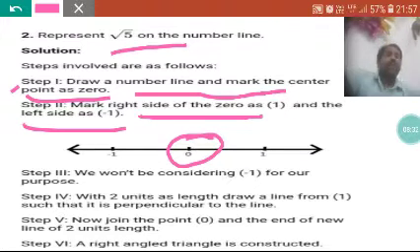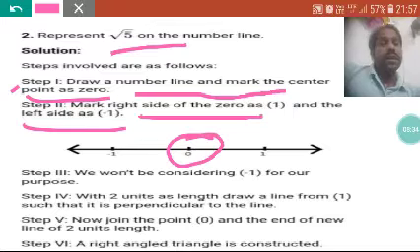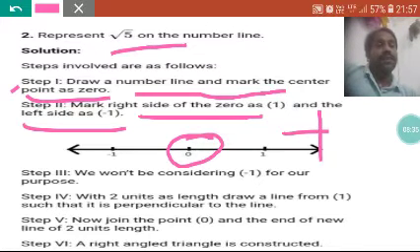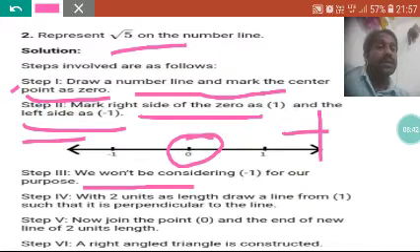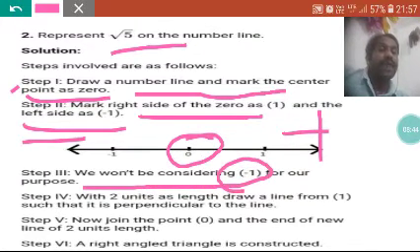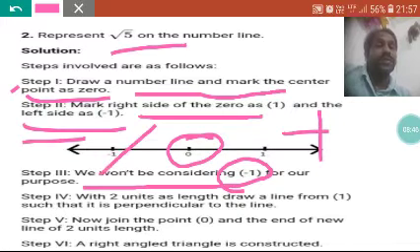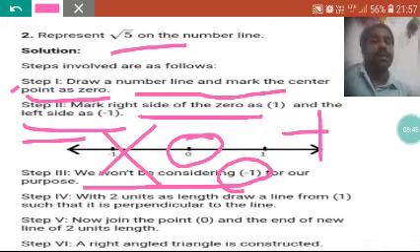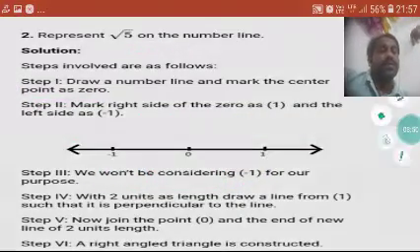As usual on the number line, the right side is always positive, the left side is always negative. Then we will not consider -1 for our calculation. Clear? This will not be calculated.